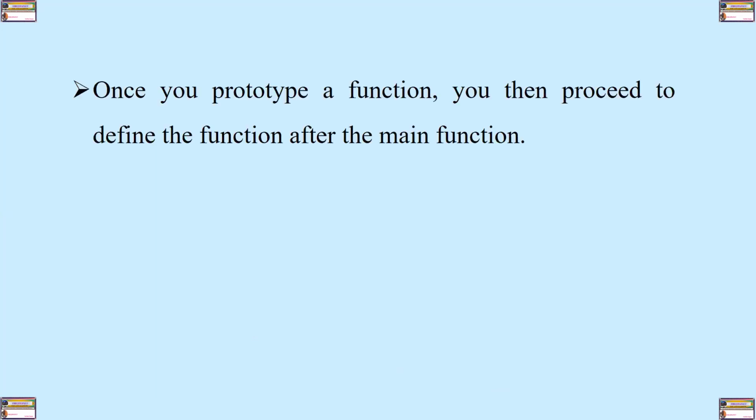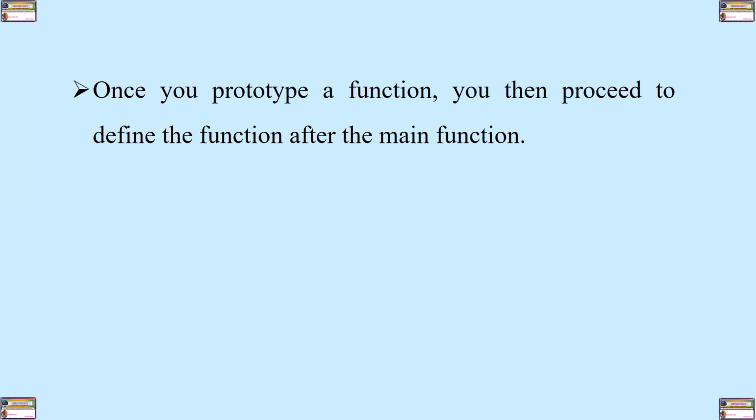Once you prototype a function, you then proceed to define the function after the main function. Kindly note, my dear students and the rest of the learners, if you have to define a function after the main, you must prototype each of those functions. But if you do not want to prototype, but you want to define your functions before main, that is okay, but it is bad practice.